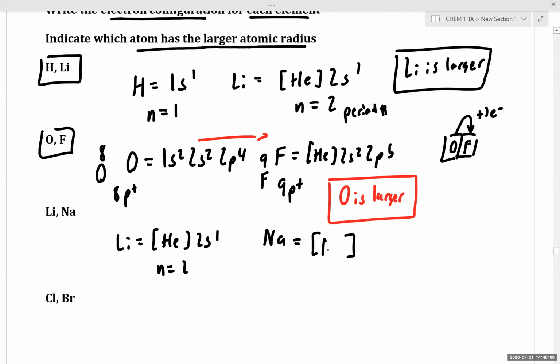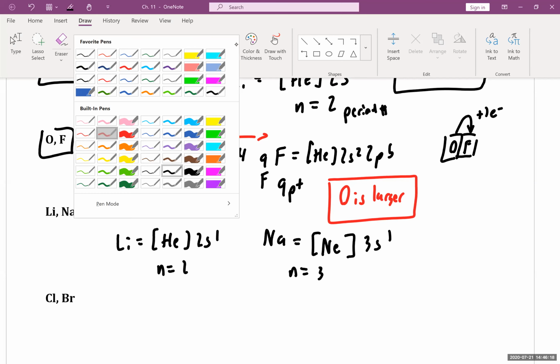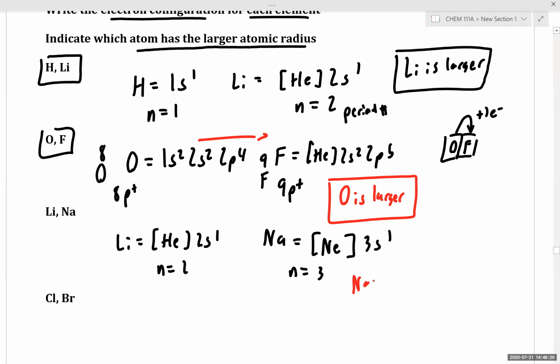Neon 3s1, exactly right. Okay, so looking at the outermost orbital, sodium has a larger outermost orbital, larger n, it's farther down on the periodic table, and as a result, we can conclude that sodium is larger.